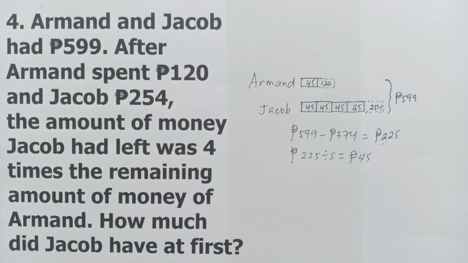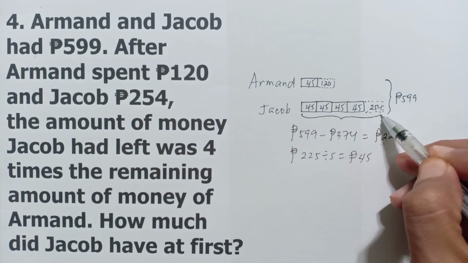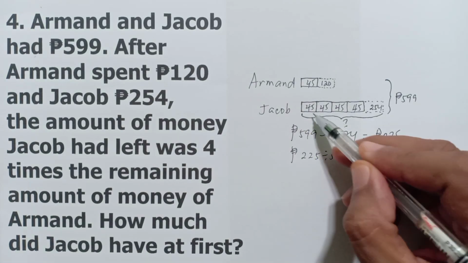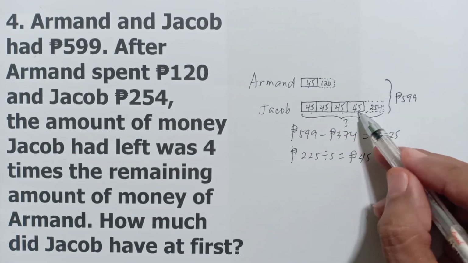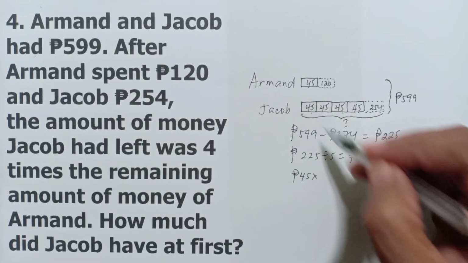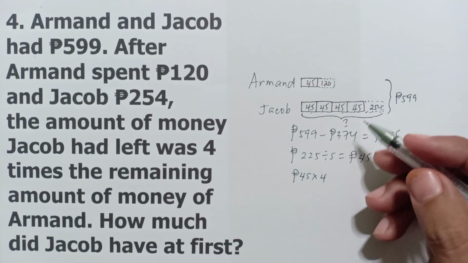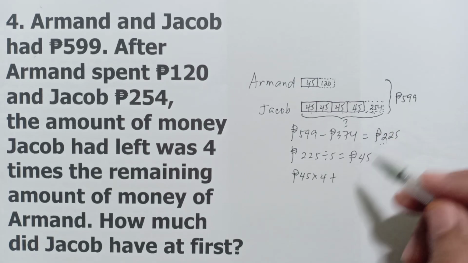So we can answer now the question, how much did Jacob have at first? So at first Jacob had this amount, the 45, 45, 45, 45, and the 254 pesos. So, instead of you add this, just multiply 45 times 4, because there are 4 of 45, then plus this 254.